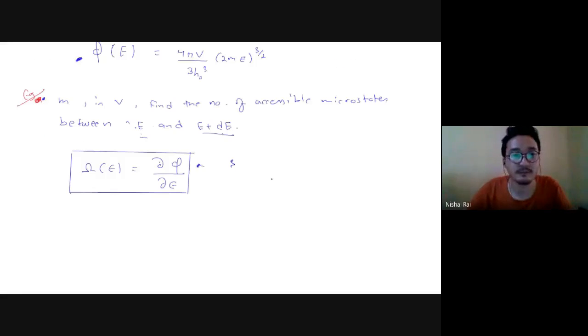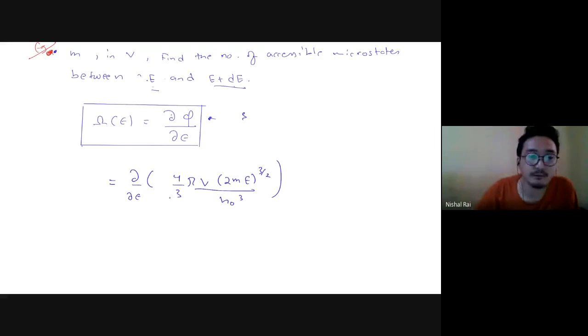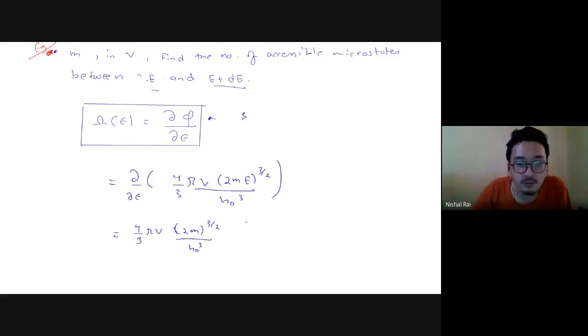Now what we have to do is just differentiate. What was your phi? d by dE of 4 by 3 pi V times (2m) to the power 3 by 2 divided by h naught cube, times E to the power 3 by 2.